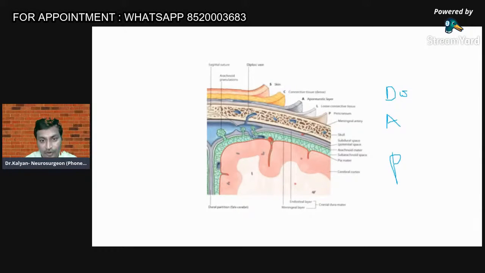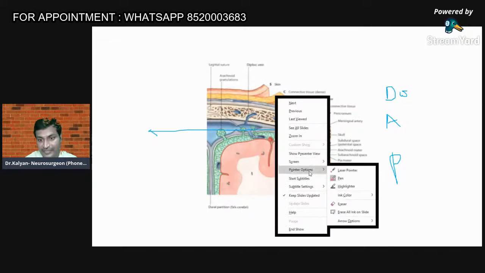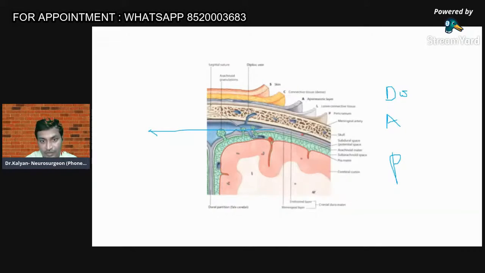Okay, so let me highlight with three different colors. What is the one shown in blue? What is the thing shown in green? And what is the one shown in red?